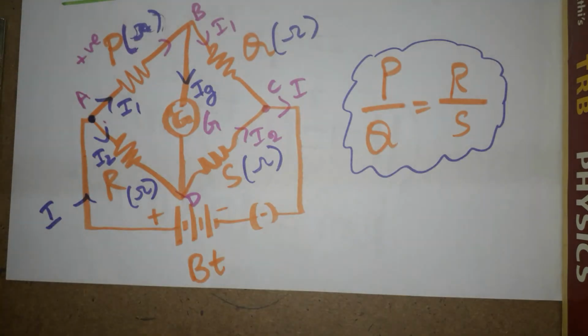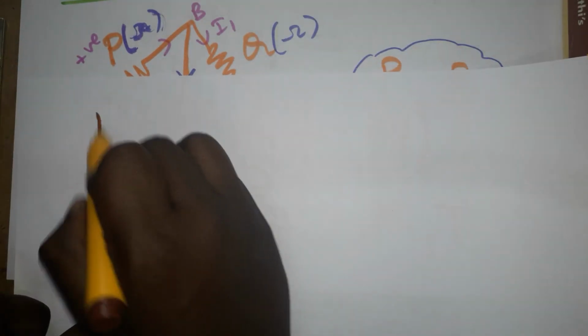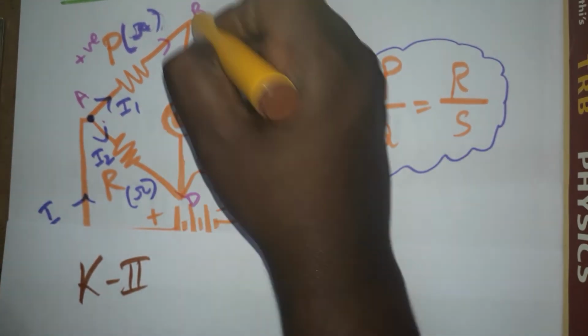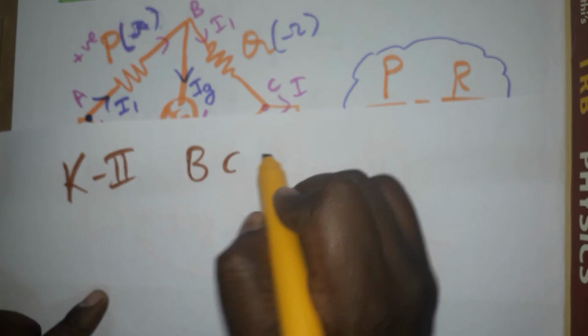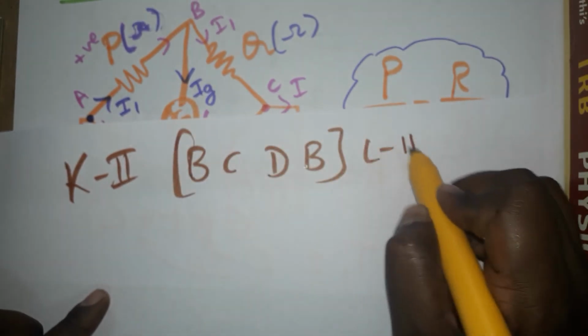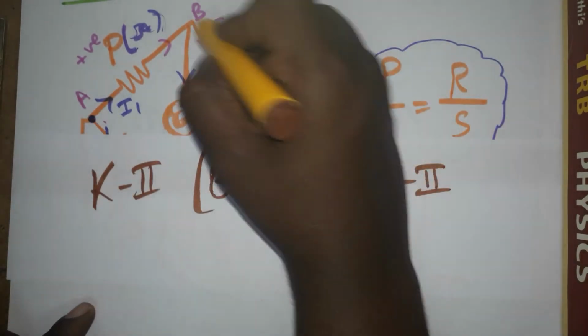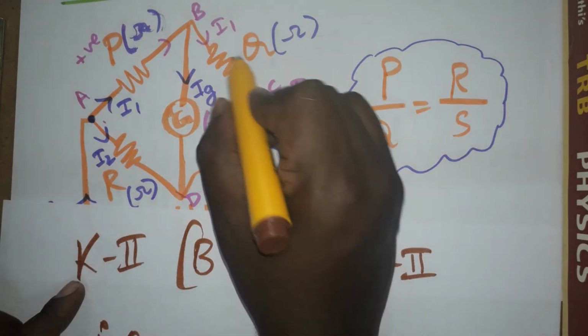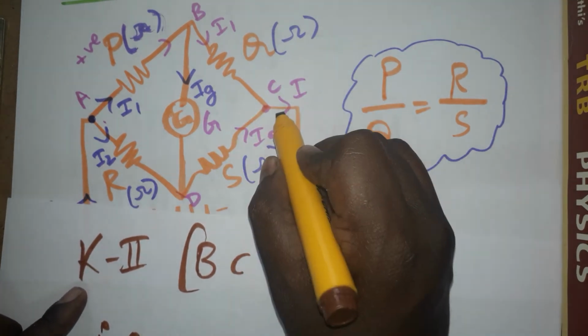Now I apply Kirchhoff's second law to loop 2: B, C, D, B. BC is I1 times Q, I1 current and Q resistance.